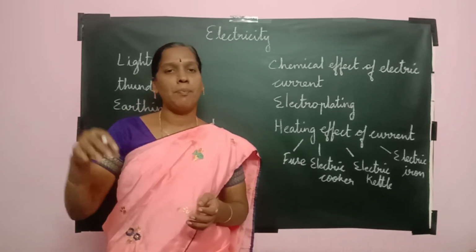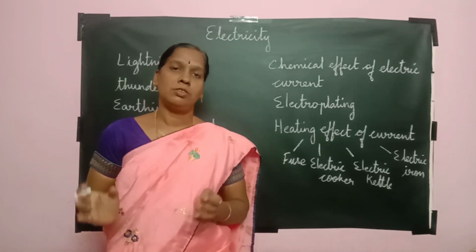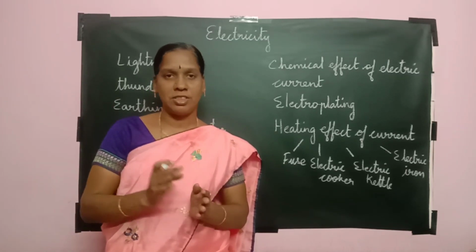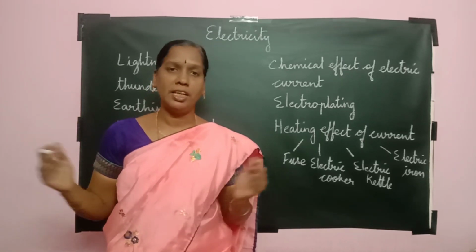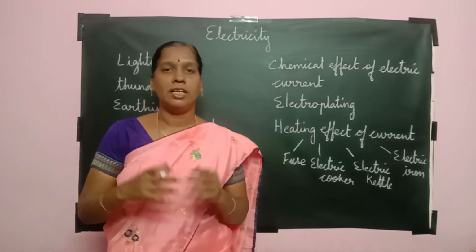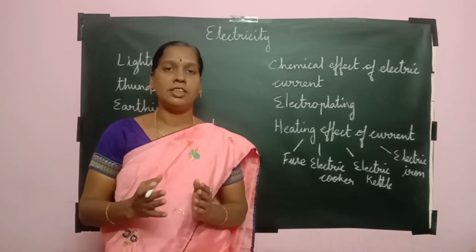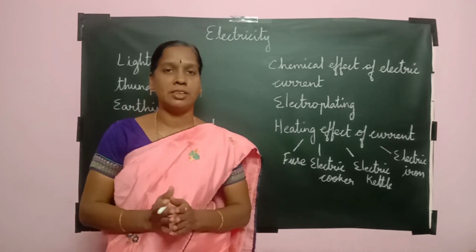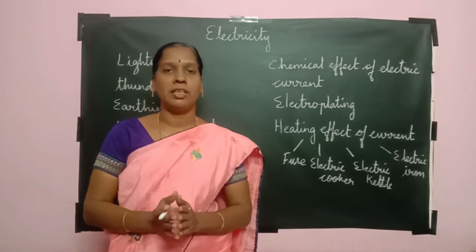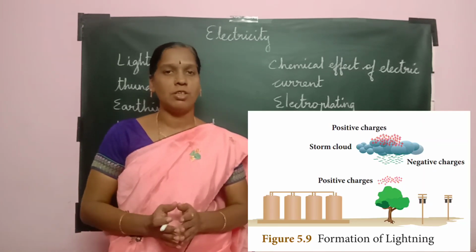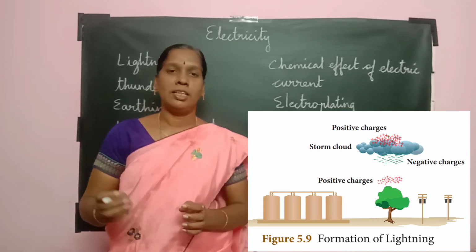Some water droplets will be moving downwards. The ice crystals carry positive charge and the water drops carry negative charge. When they collide with each other, lightning takes place, electricity is produced. As a result, we can see lightning, and the air explodes with a temperature of 30,000 degrees centigrade.